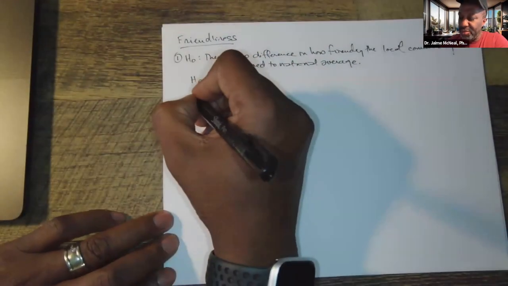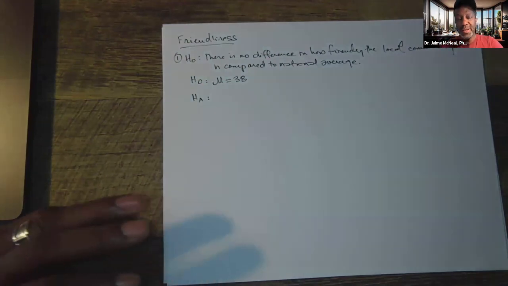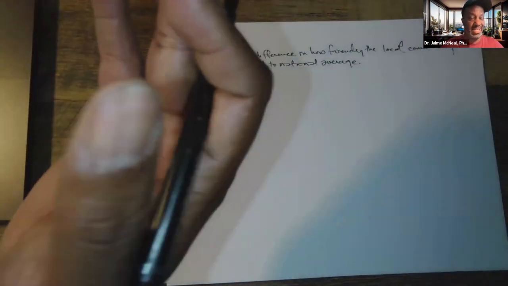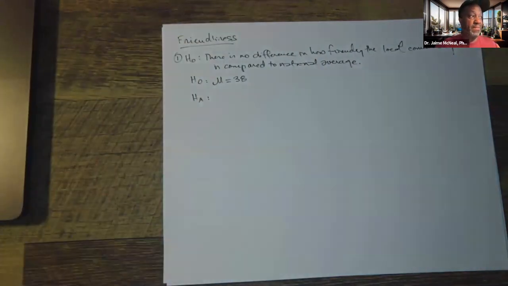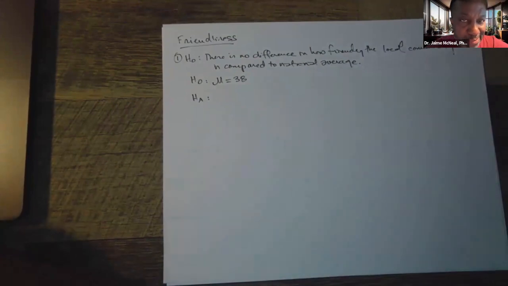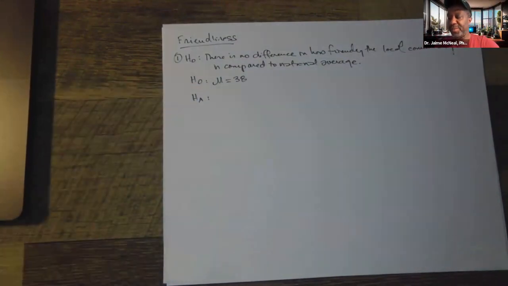So now let's run our alternative hypothesis. In our alternative hypothesis, we're just trying to see, is it greater or less than? Is it different? So maybe if it's greater than 38, then the people in the local community are more friendly than the national average. That's a neighborhood you want to live in, right? If it's less friendly than the national average, that perhaps means that people are a little not nice, and maybe that's a community that you don't want to live in.